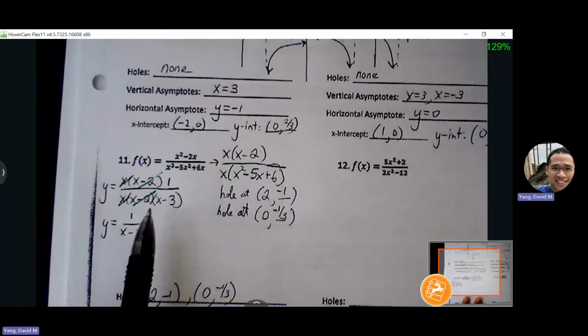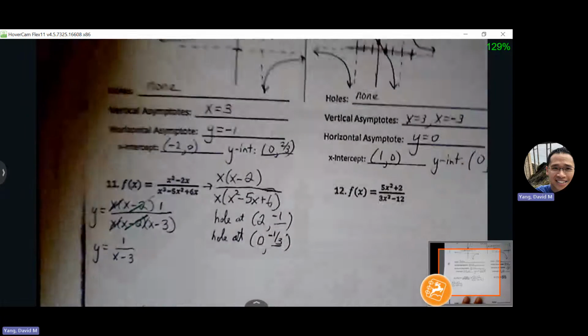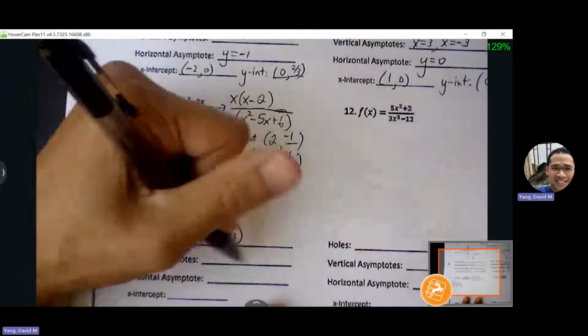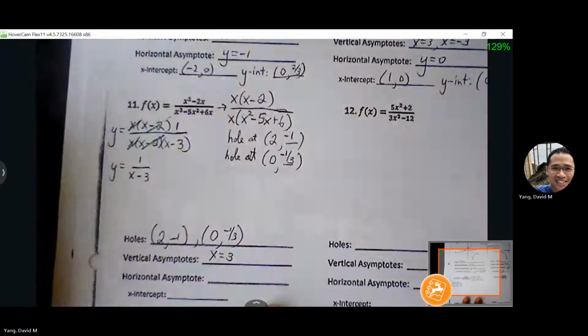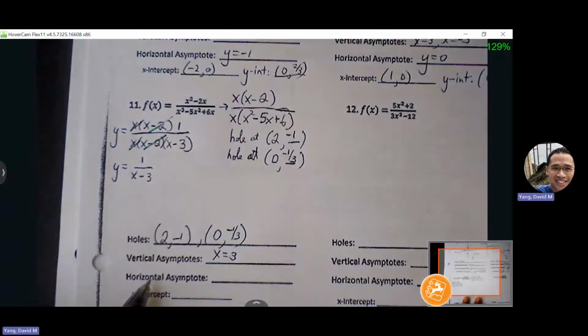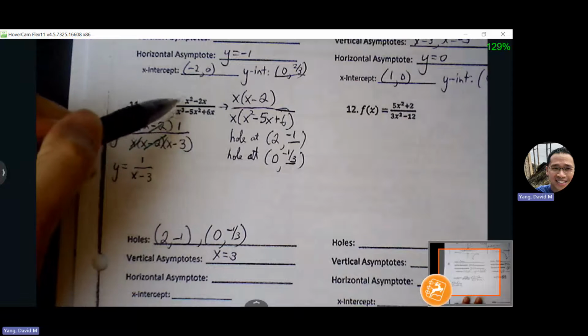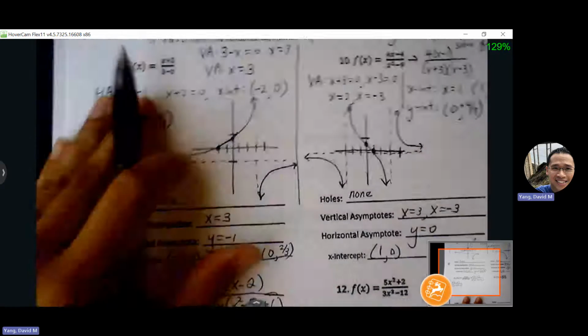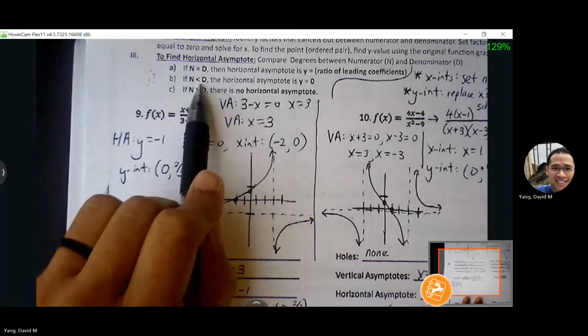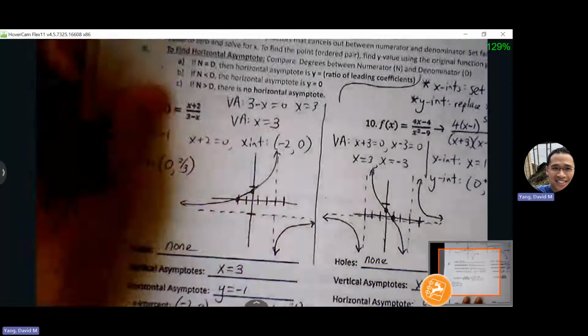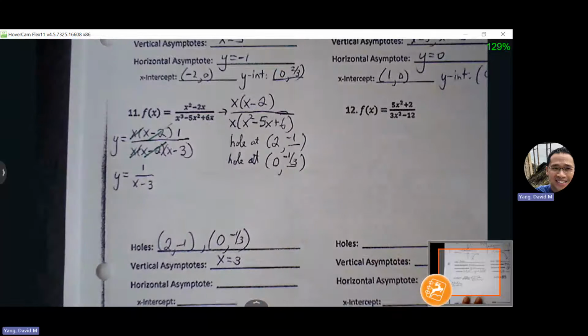All right, we do have a vertical asymptote here, right? Where's the vertical asymptote? X equals 3. Horizontal asymptote, we can go back to our original equation and compare degrees. You can see that the denominator has a higher degree than the numerator. So if that's the case, your asymptote will always be at y equals 0.